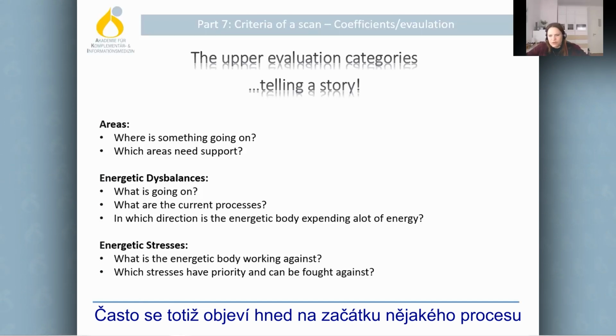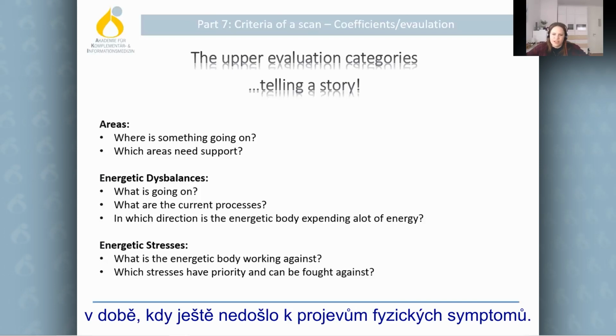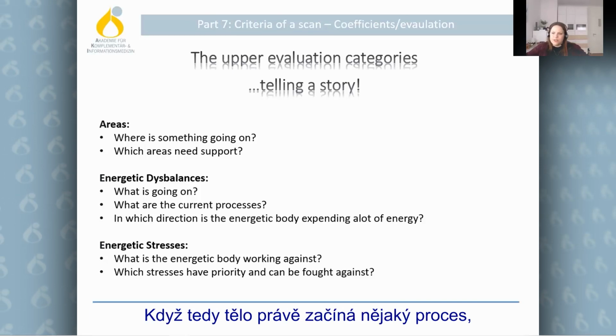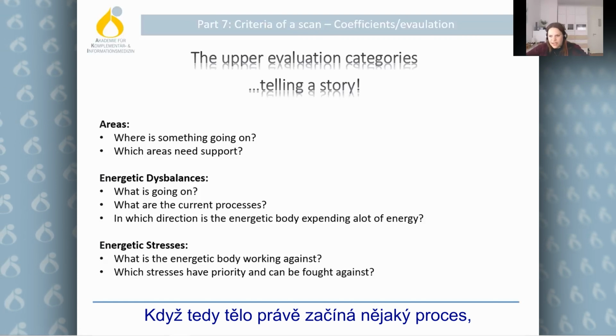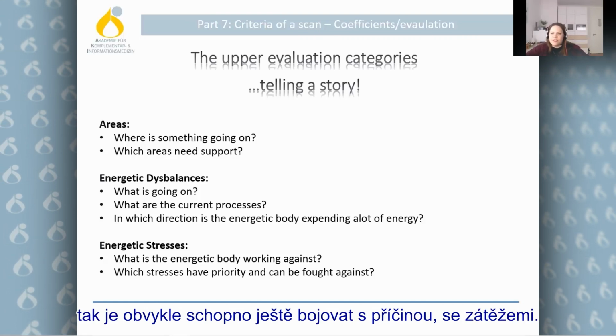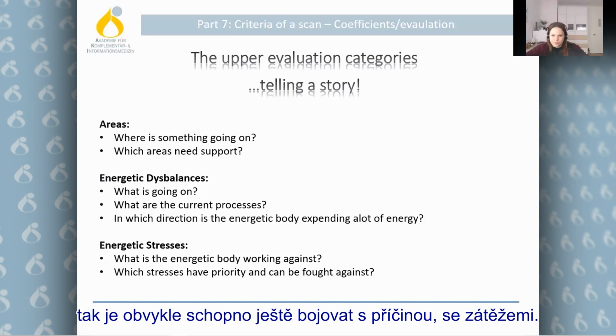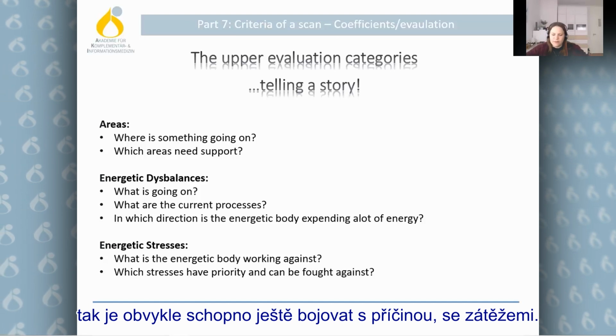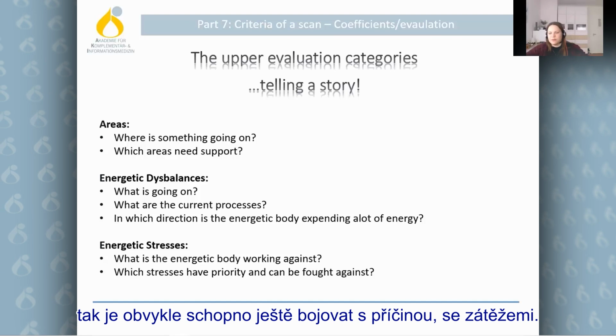Because they often show up at the beginning of the processes when symptoms may not yet have manifested physically. So when the body is just starting a process, it's really able to work hard against this process, work hard against stressors.